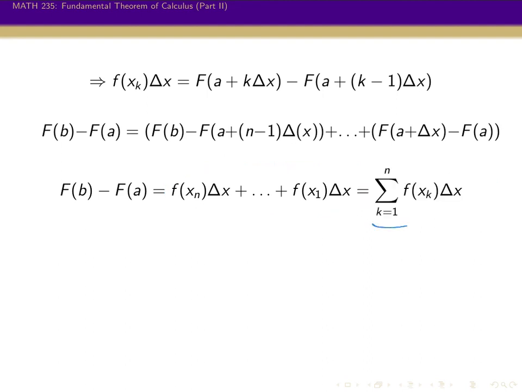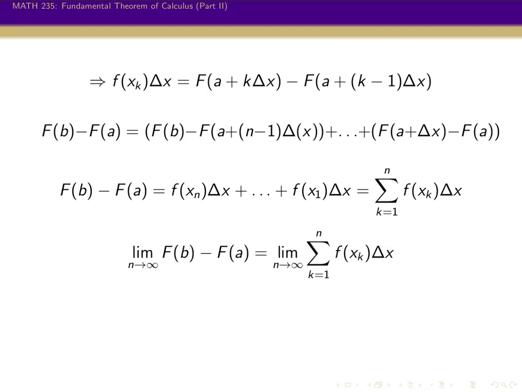Here it is, a Riemann sum. Now let's take the limit as n goes to infinity of both sides. On the left-hand side, there's no n between f of b minus f of a. It's just a constant, and so taking the limit doesn't change anything. It's just going to stay the same.